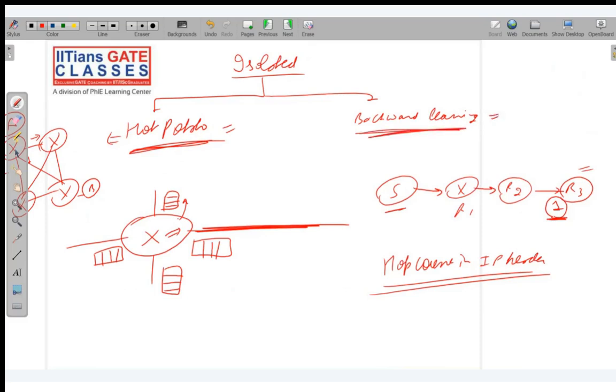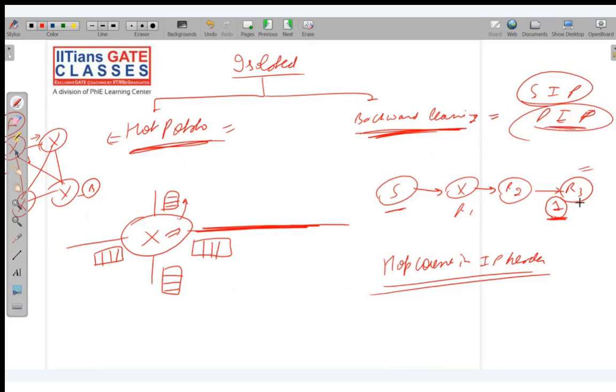It is backward learning because you are learning from backward. You are not learning from the destination; you are learning from the source. SIP and DIP, two fields are there. From the source IP address you are learning. Why are you not learning from the destination? Because the destination might be any IP address. R2 can send a packet with the same DIP, R1 can send a packet with the same DIP, S can send a packet with the same DIP, and so on.